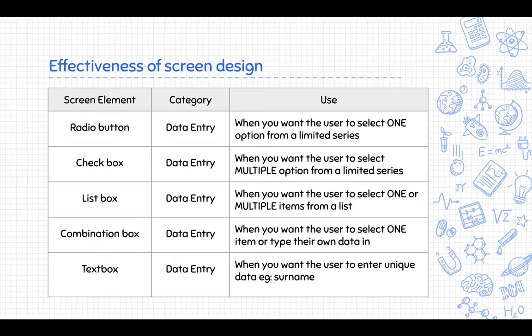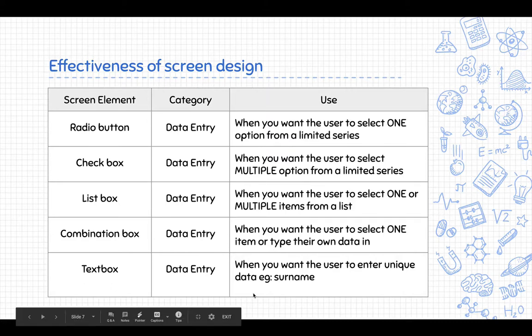Well, 27 radio buttons on my user interface would look pretty horrible. So the more correct option, if I have a lot of pieces of data in my series, is a combo box, because it will still allow my user to select only one item or type in their option.